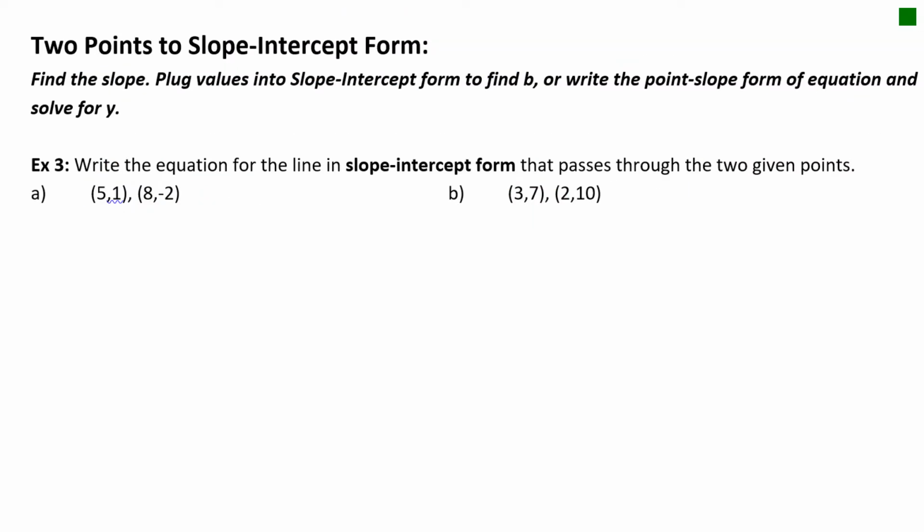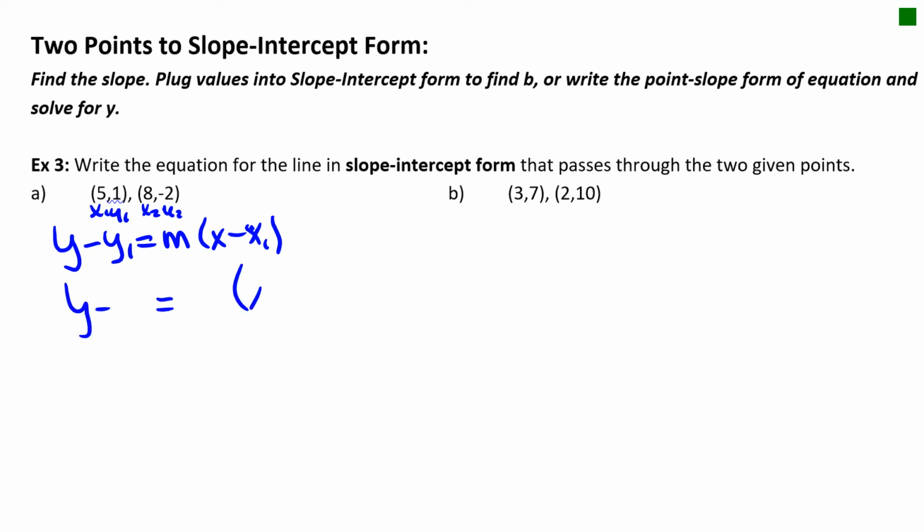That's something you and your teacher can talk about in class. Okay, now we're going to go from 2 points to slope intercept. So remember, I like to start with y minus y1 equals m times x minus x1. So I have x1, y1. Oh, what else do I have? I have x2, y2. Well, I'm going to fill this in. It asks for y1, which is 1. It asks for m.